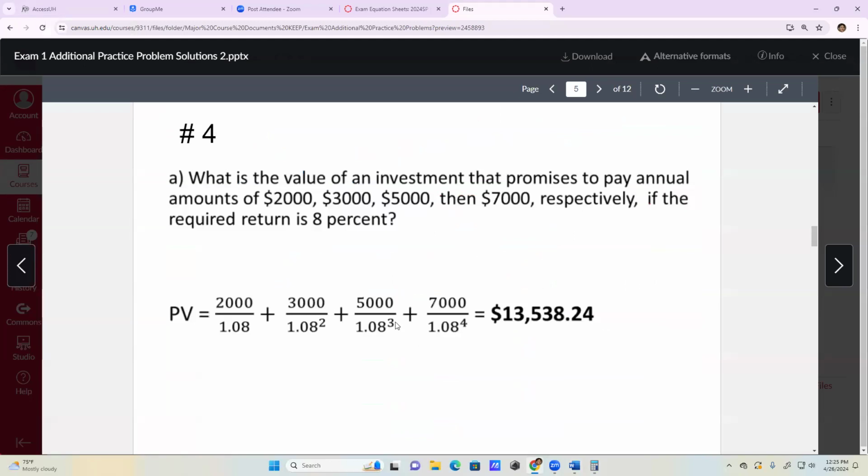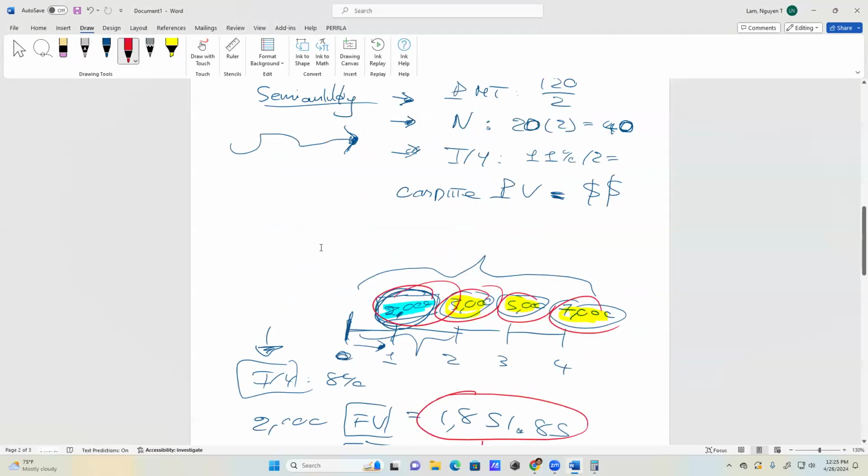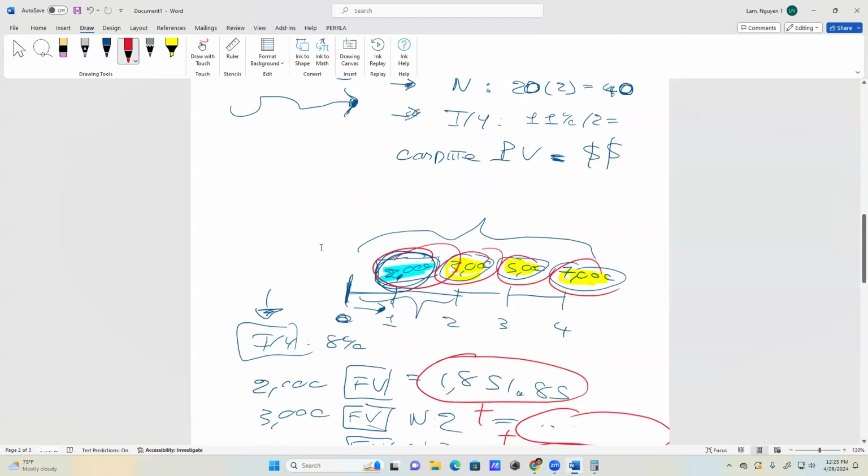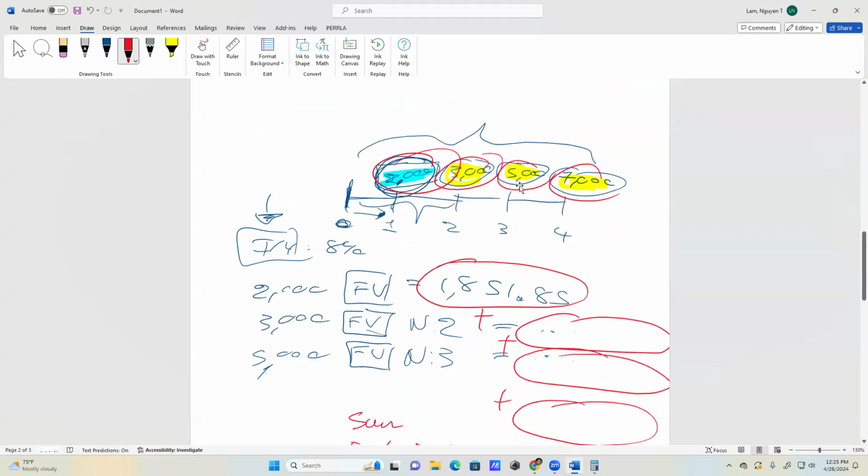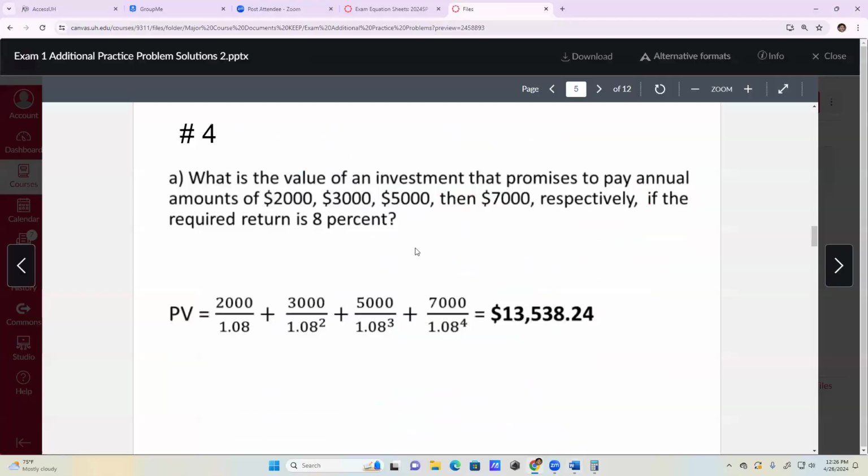No. Okay. So, how come it's 1.08 instead of just 8? 1.08. Which one is it? Oh, like on the solutions on the other PowerPoint one? Oh, okay. This one is the mathy way.